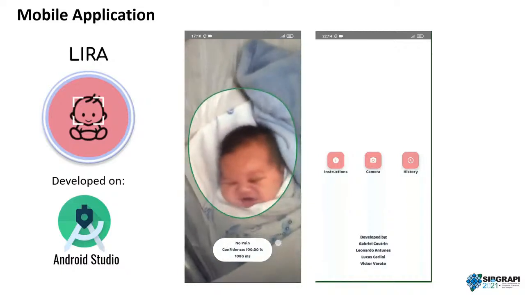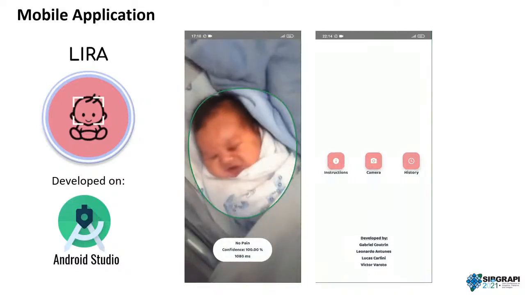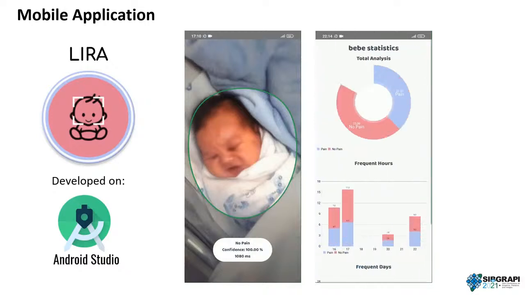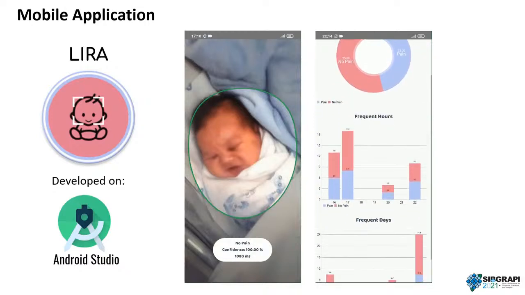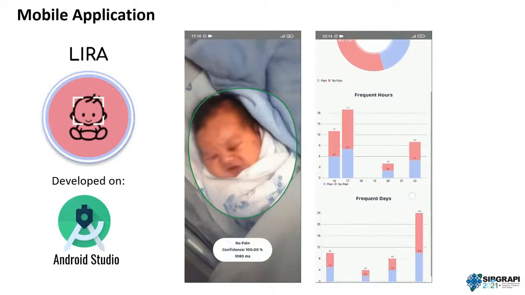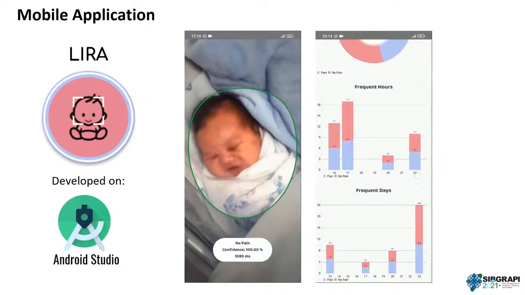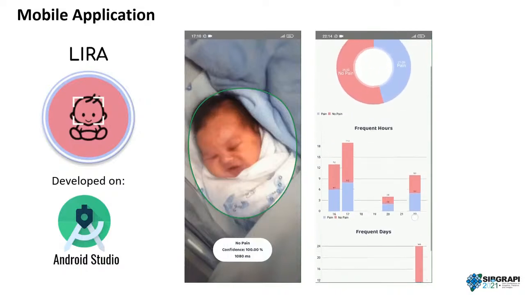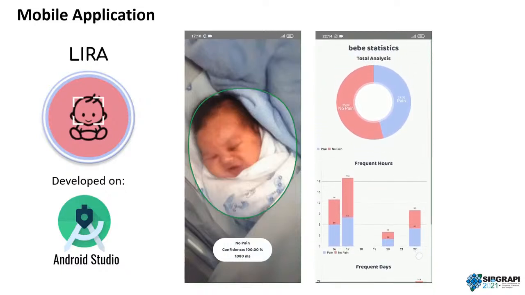The detected face is inputted in the classification module, which will determine if the facial expression indicates the presence of pain or not. The user will also see the result confidence score and the processing time. Also, our software registers the performance analyses and makes them available for query, containing graphs about the total number of analyses, days, and hours when a specific neonate was assessed as with pain or no pain.